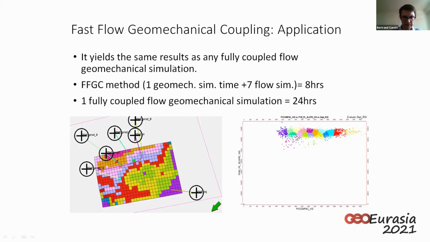So let's apply it. In that case, still on this small chalk model of a stress-sensitive and compacting reservoir, I have performed one geomechanical simulation. I have extracted all the rock tables for all the cells, and then I have classified them.